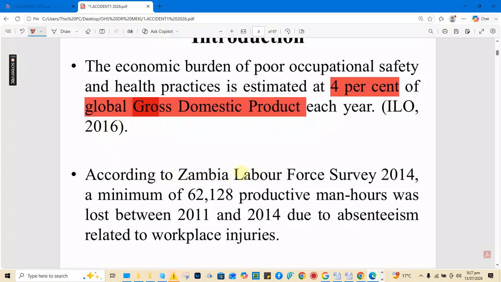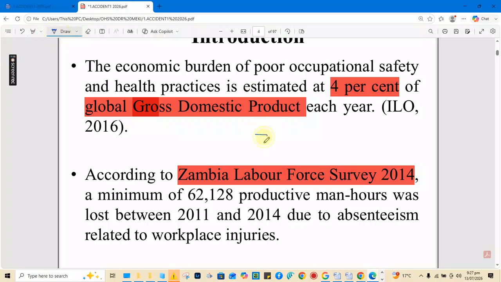According to the Zambia Labour Force Survey 2014, this you might need to take note. What does that have to do with this?